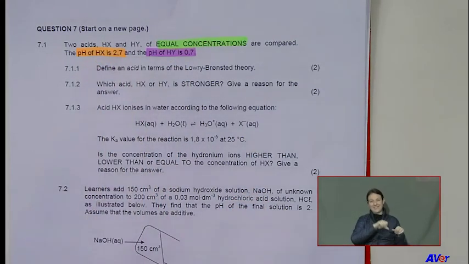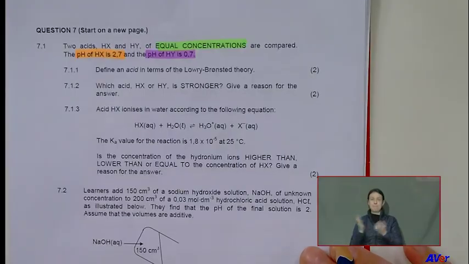So when you read this question, the first thing you had to notice was two monoprotic acids and then secondly, equal concentrations.